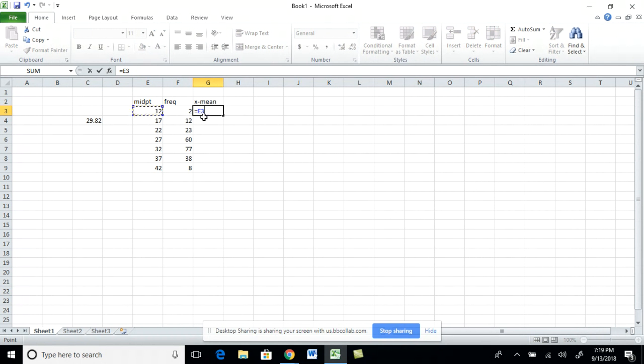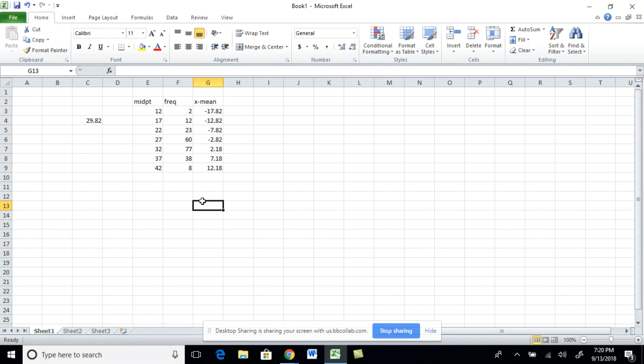So you want to take the midpoint minus 29.82, and then you press enter. If you want to take that all the way down, you do Control Insert. Are you following me so far? Yes. Okay, do Control Insert and then Shift down and press enter, and it does it for everything.